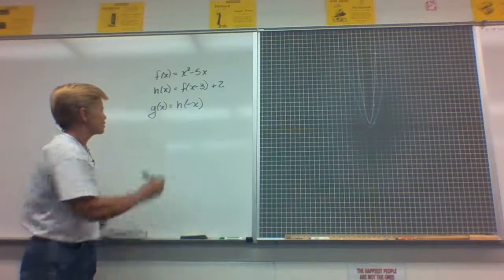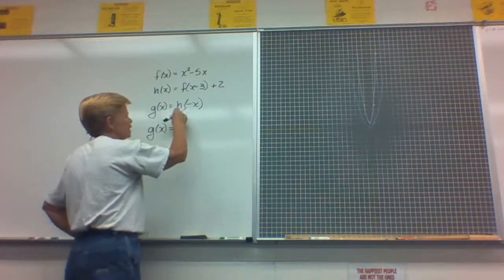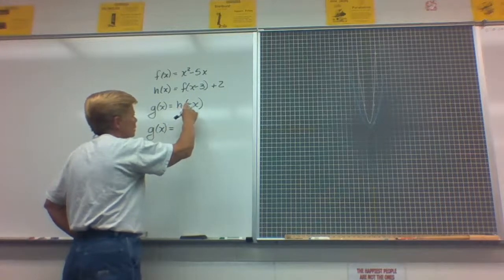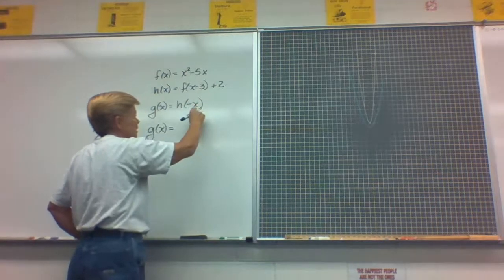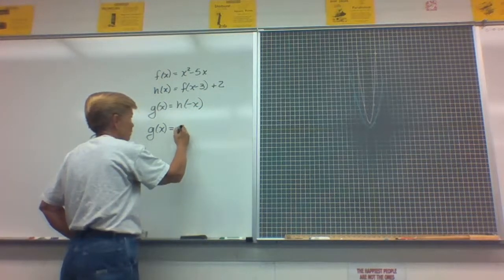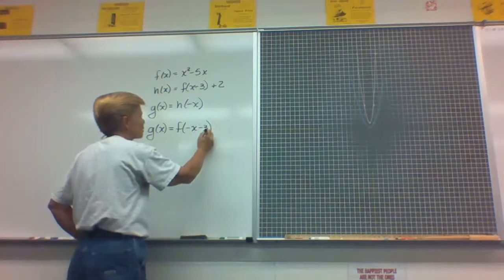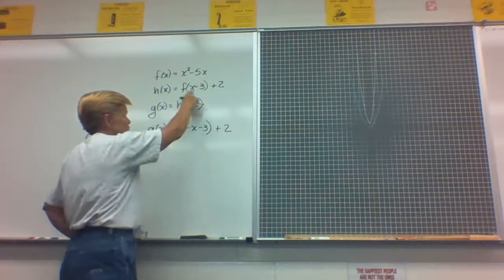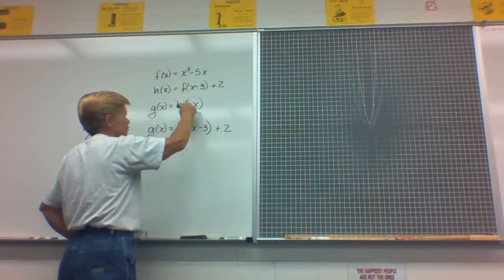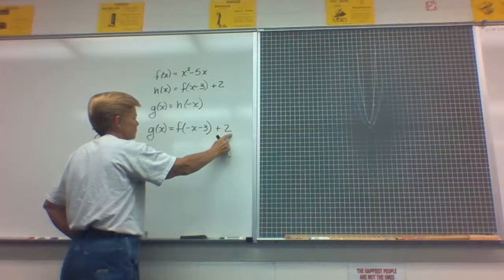What it means here is that G is going to be H of negative x, means go back up to H up here and replace all of its x's with a negative. So we're going to write f of negative x minus 3 plus 2. Okay, so we replace this x in H, because that's what it said to do. Replace this x in H with a negative x. Everything else remained the same.